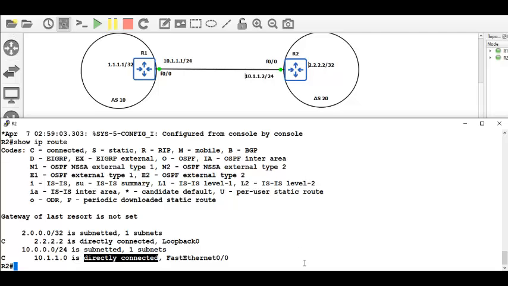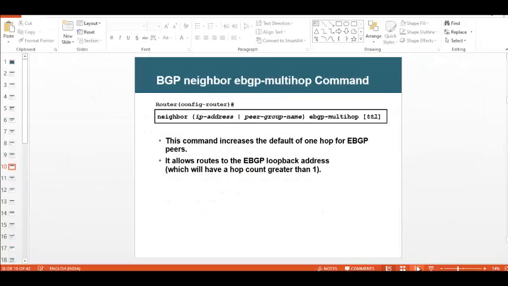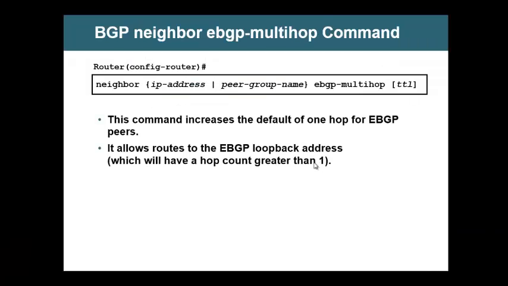Now going back to the presentation, look at this. The default TTL value for eBGP is 1. Directly connected, no? TTL will be 1. eBGP by default, the outgoing TTL will be only 1.